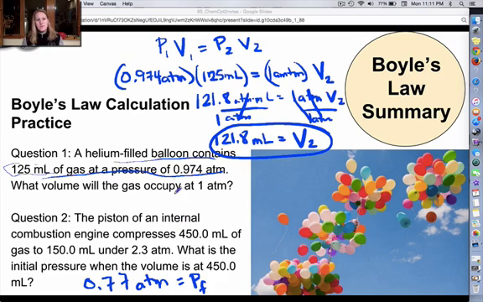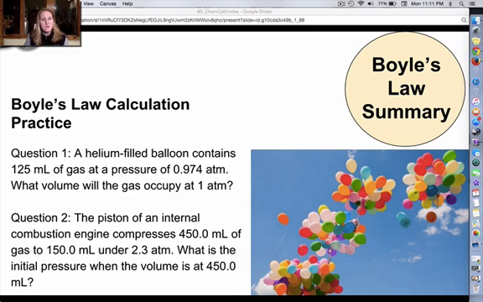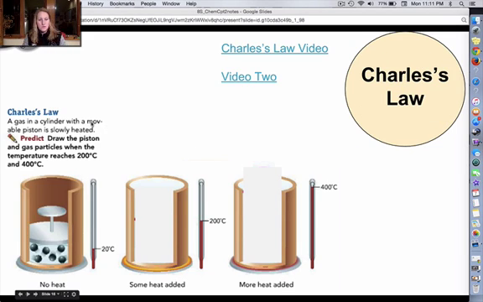The other relationship was the volume and the temperature. There's a lot of other ones, but we're scratching the surface with these gas laws here. So Charles talks about another kind of scenario.